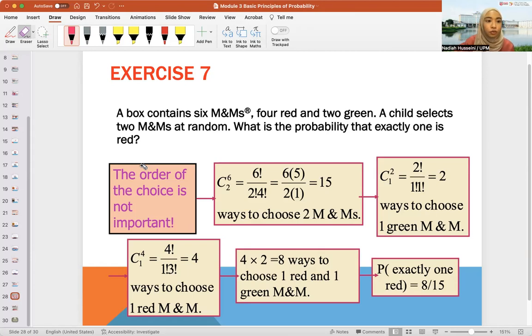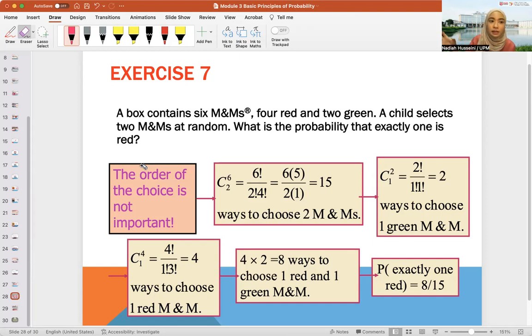The subset is of size 2. Versus if I say I want to select 2 M&Ms and I want to make sure the first one is a certain color and the second one is a certain color, the subset is still 2, but now I have stages. I take 1 at a time. So that is your order.